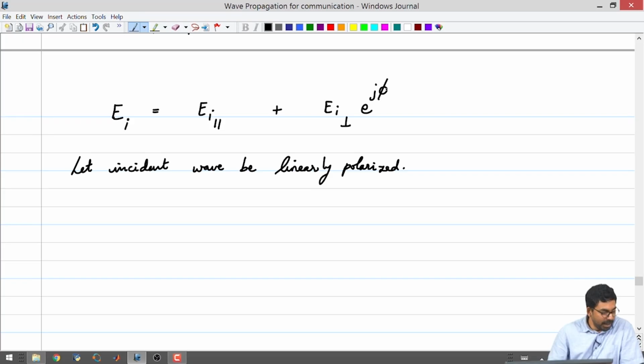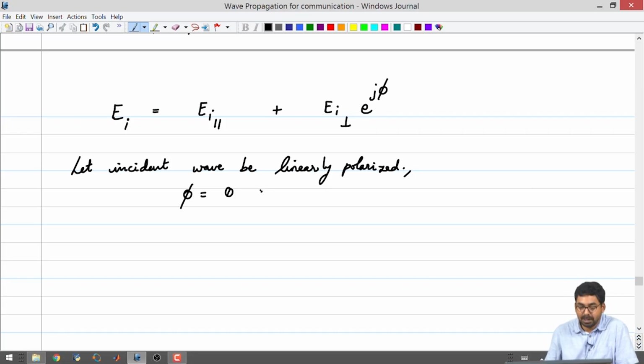But if you are talking about linearly polarized light, then we are talking about this phi becoming equal to 0, then it becomes a specific case where EI is equal to EI parallel plus EI perpendicular and you do not have any phase difference between EI parallel and EI perpendicular. Okay. So, if it is linearly polarized, just make phi equal to 0.